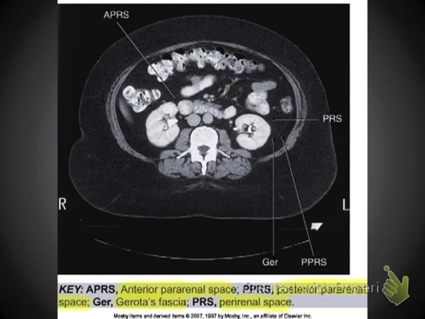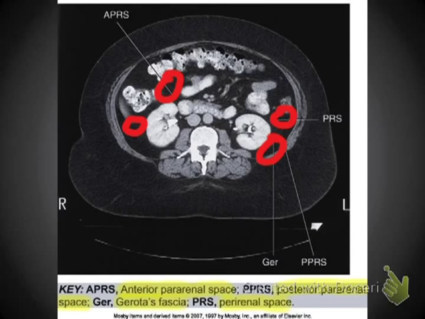Okay, as we're looking at this image, it shows what I'm sure we've all taken notice of as we're looking at CT, that around the kidney there's a lot of empty space. And so we have the anterior pararenal space, the posterior pararenal space, and then we also have the perirenal space, to the side of the renal space.